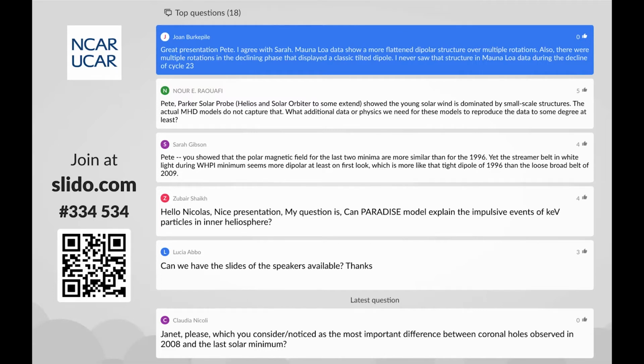We see a similar thing in 96, although the closed regions are extended a little more in latitude. And of course, in 2009, they were quite extended, and we never really saw a simple flattened dipole. But just looking at Mauna Loa, I have seen something closer to a flattened dipole in the K-core images. Not every day, but typically rotation after rotation, you see periods of rotation that have that.